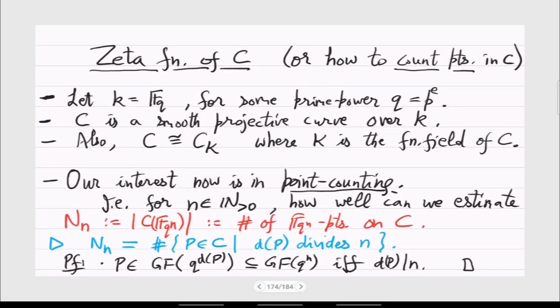Our interest is in point counting since day one, which is that we want to count this big N sub small n, which is the number of points on the curve in a desired finite field of size q raised to n. How many F_q^n points are there, which means that both the coordinates should be in this field.